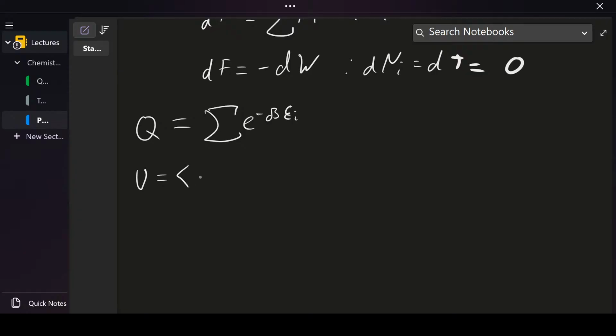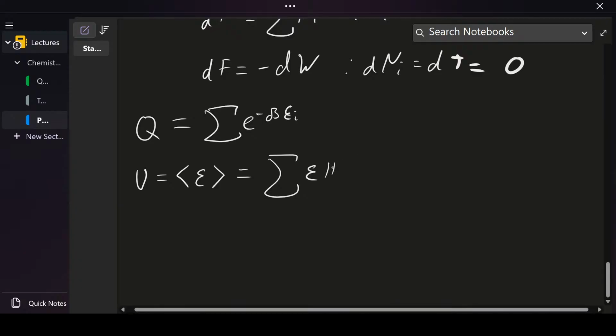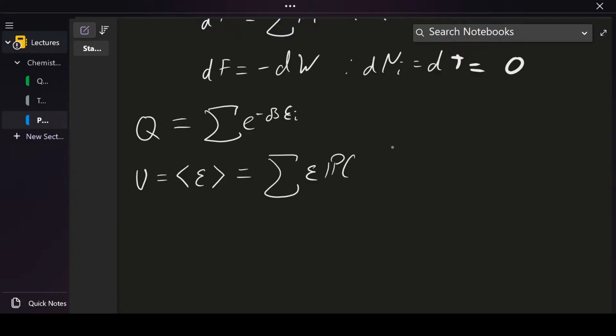And so I'm going to write the average like this. And the average of a probability distribution is just going to be equal to epsilon multiplied by the probability that my system is in each microstate. And so that's given by 1 over q multiplied by e to the negative beta epsilon_i.